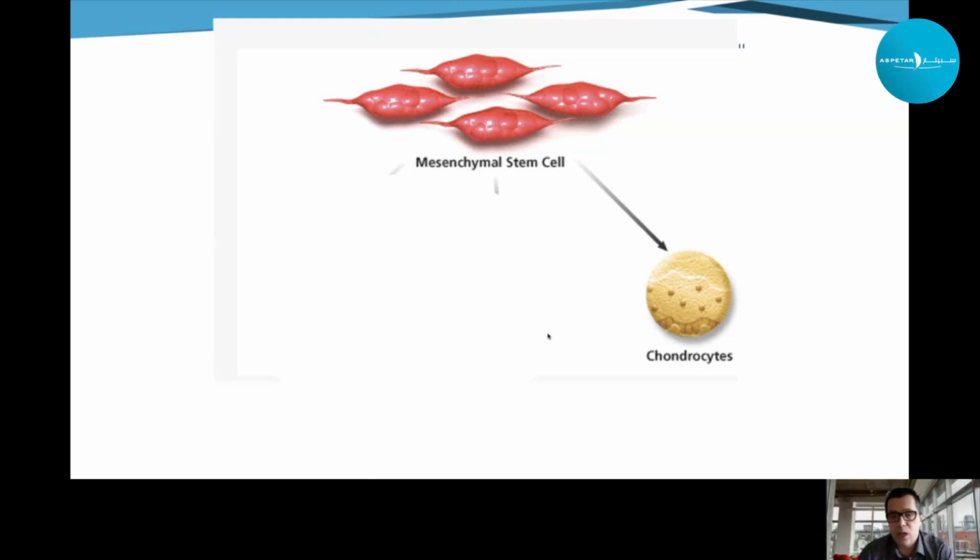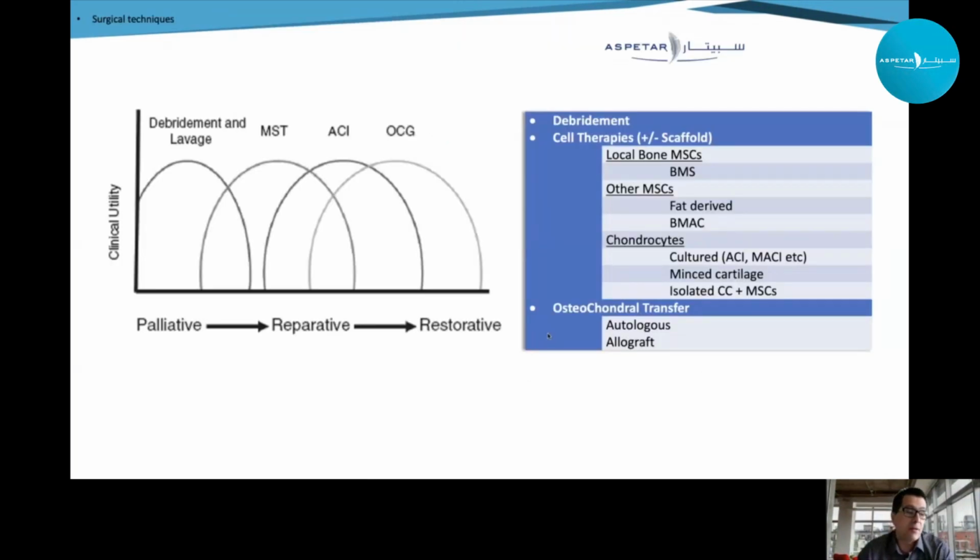These two things regarding chondrocytes and stem cells made us group the surgical techniques that we use in 3 major groups: the debridement group, the osteochondral transfer group, and the cell therapies, with or without the use of scaffolds in order to keep as many cells as possible in the area.